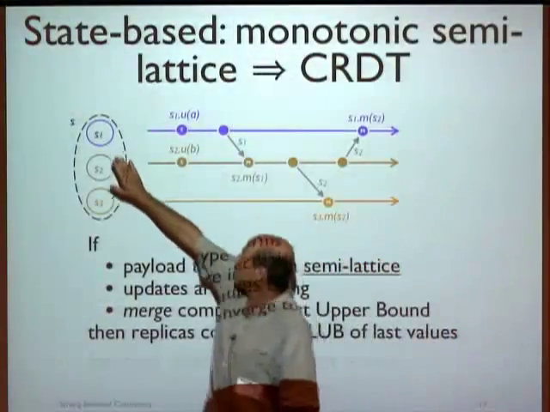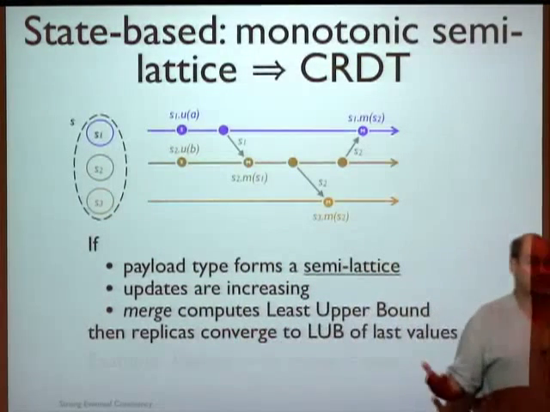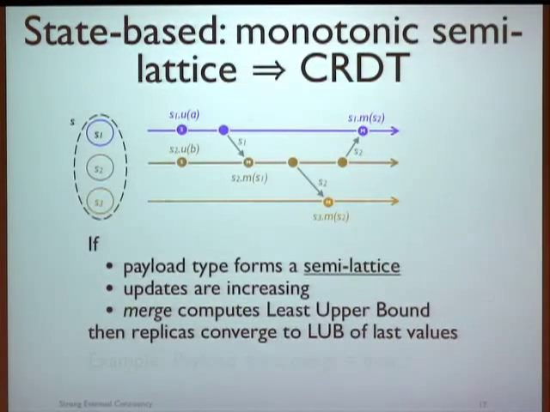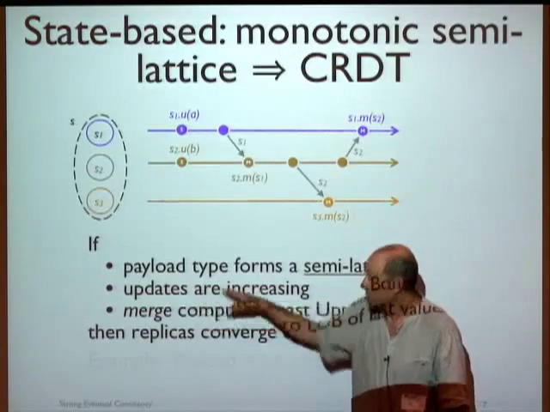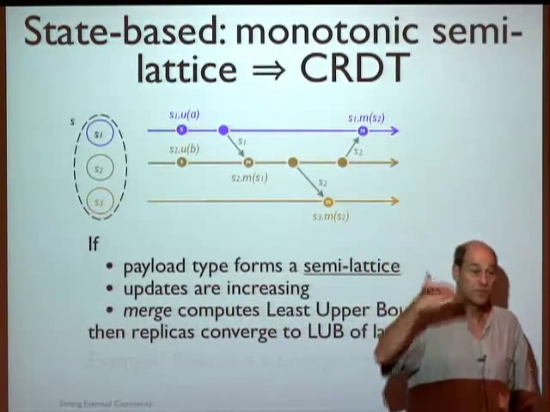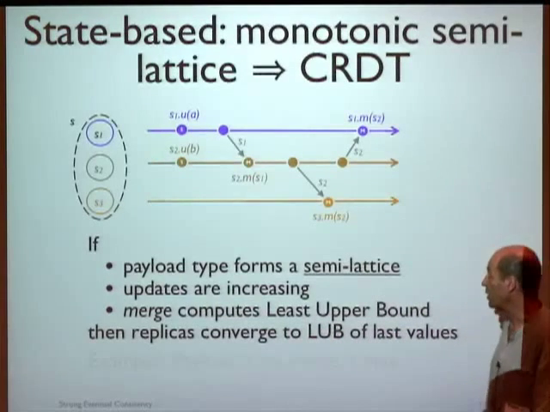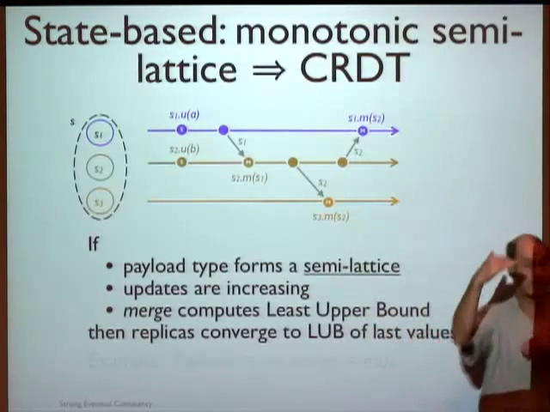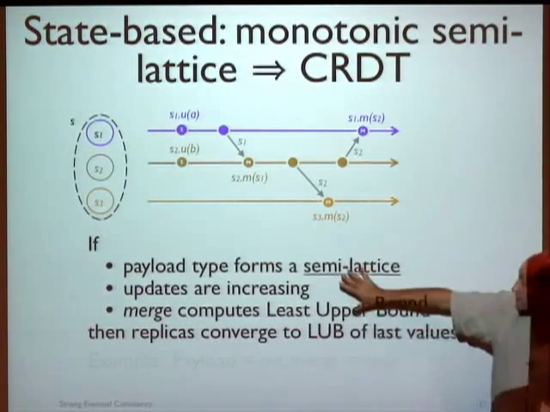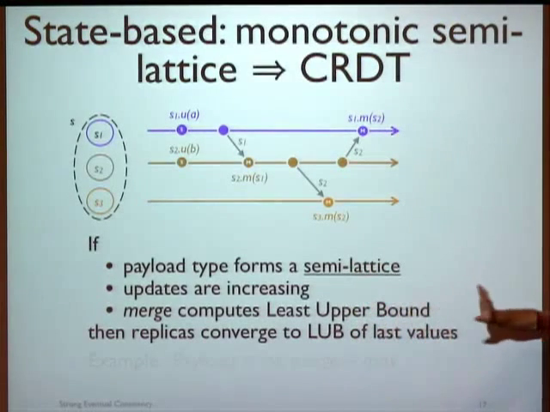So if the payload forms a semi-lattice, that is, if there's a partial order of your values and you can always take an upper bound on two values, and if your updates always go forward in that semi-lattice, always give you a higher value in your partial order, and if merge computes this upper bound, this is a very simple mathematical property, and this ensures that it converges.